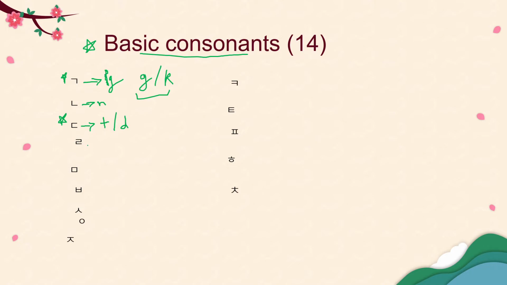And then this one is even more special, even more confusing, because this has two sounds. This indicates two sounds, and that depends upon its placement. You're going to understand this in the second chapter and the fourth chapter, because in the second chapter we are going to study the placements of a syllable.